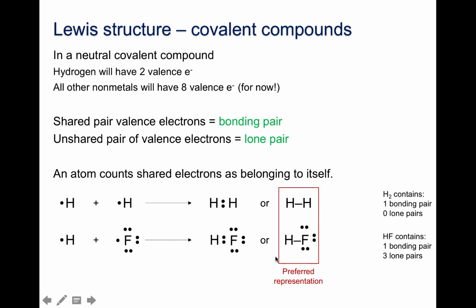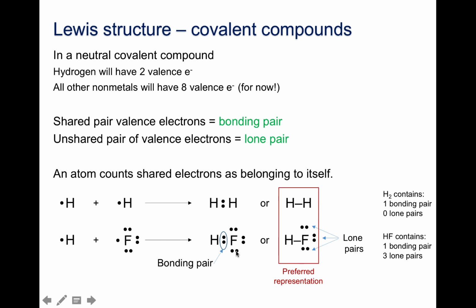Next we have the HF molecule. If a hydrogen and a fluorine bond with one another, they're both nonmetals, so we would expect them to share electrons. You can see fluorine has one vacancy on this side, and hydrogen doesn't yet have 2 electrons. So what they're going to do is get together and share a pair of electrons between hydrogen and fluorine. This shared pair of electrons here represents the bonding pair.